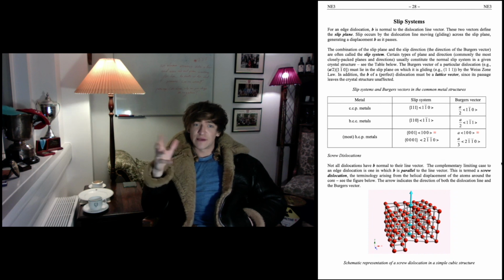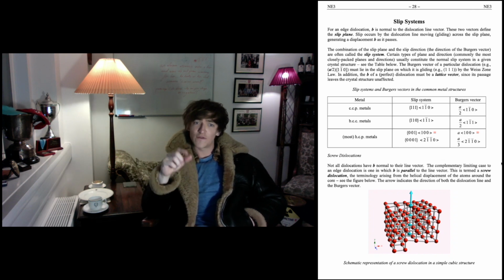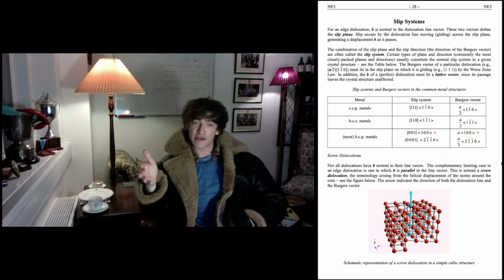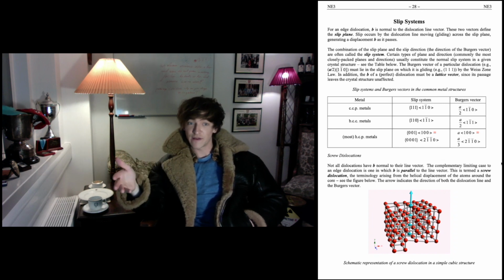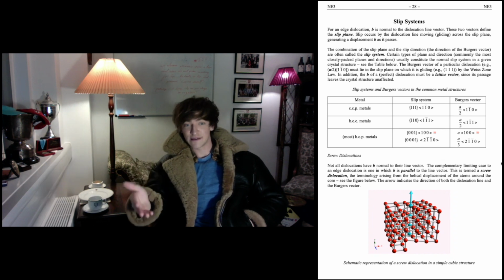These two vectors basically define the slip plane. The Burgers vector and the line vector. And the combination of the slip plane and the slip direction, which is defined by the Burgers vector, are often called the slip system.